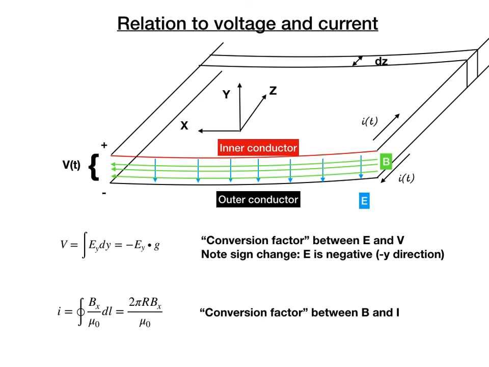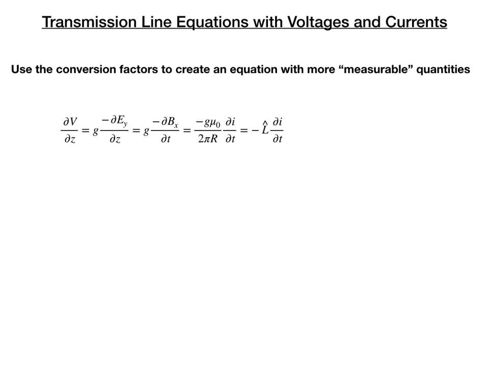So, let's do these equations again, but this time let's work with voltages and currents. The change with respect to Z of the voltage is related, as we've seen, to the change with respect to Z of the Y component of the electrical field, and this is, of course, as we've seen, related to the change in time of the X component of the magnetic field.